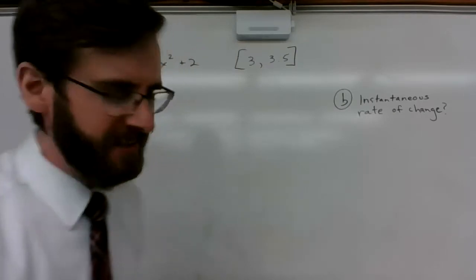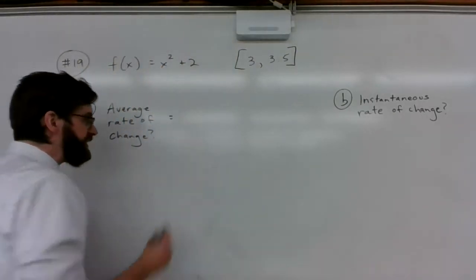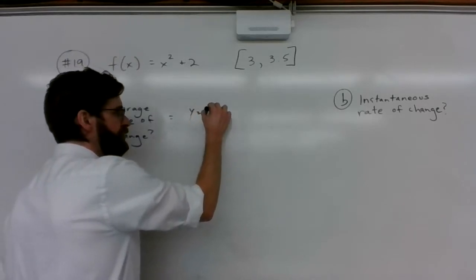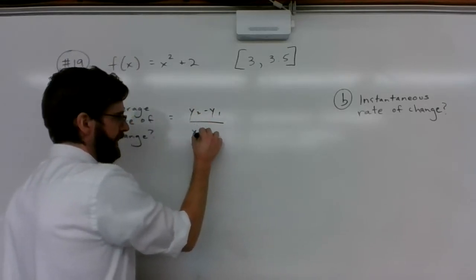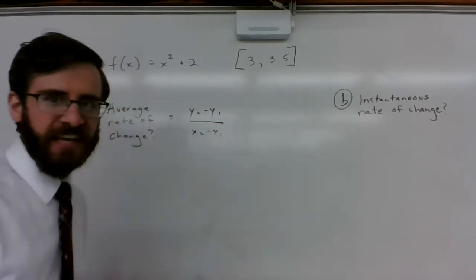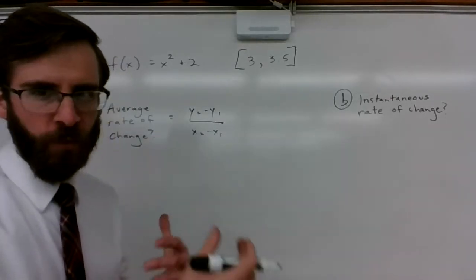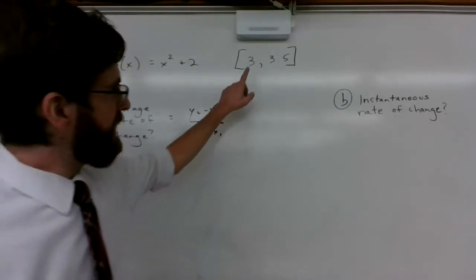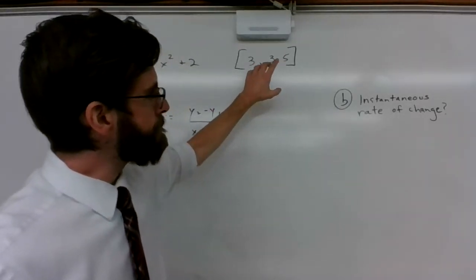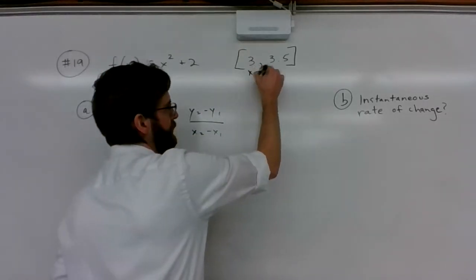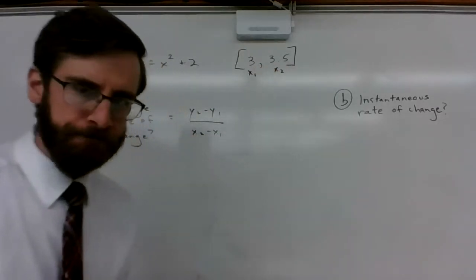So here's the deal. This is straight up slope formula: y2 minus y1 over x2 minus x1. You can think of it like that. But instead of y2 and y1, think of it as x2 and x1 being these two values right here.